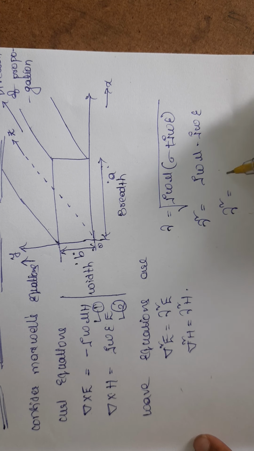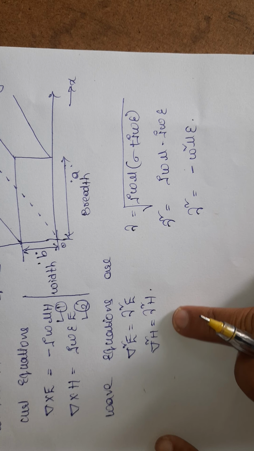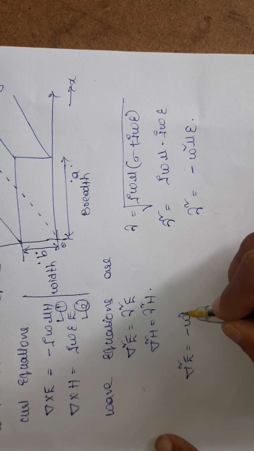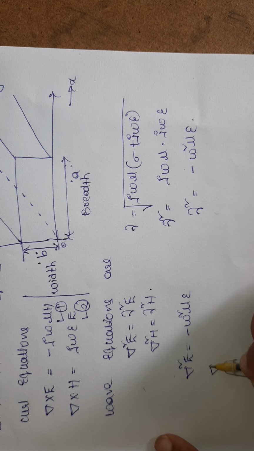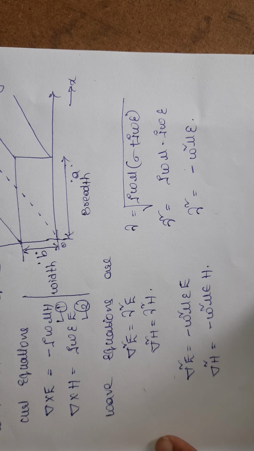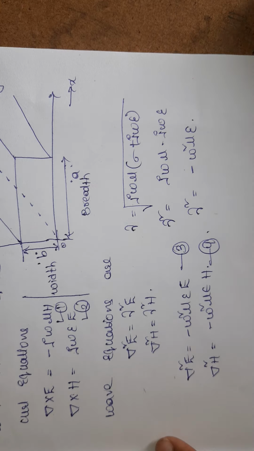So gamma square is equal to minus omega square mu epsilon. Replacing here, del square E equals minus omega square mu epsilon E, and del square H equals minus omega square mu epsilon H. Consider them as equations 3 and 4.